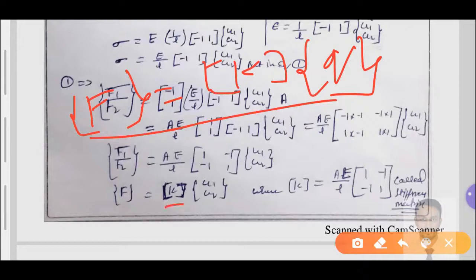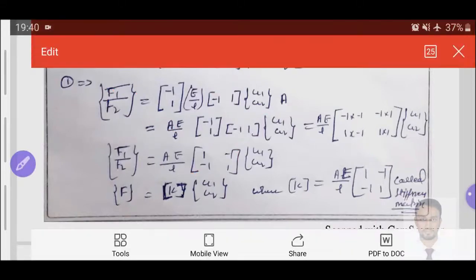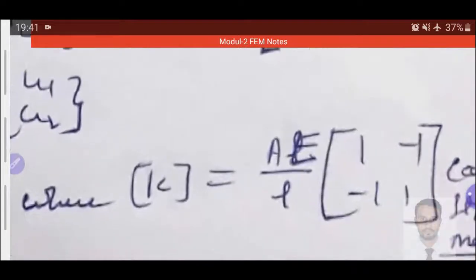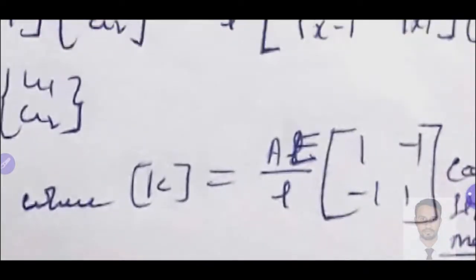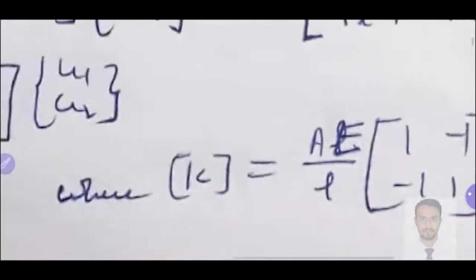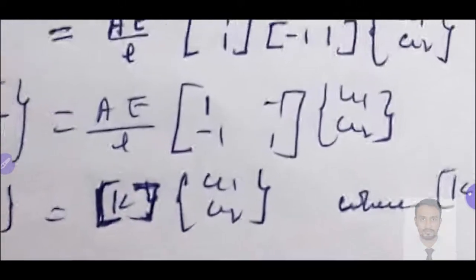This is called the K matrix, the stiffness matrix K. Hence we have proved that K equals AE by L into 1 minus 1 minus 1 1, called the stiffness matrix. This matrix we get from this equation is said to be the elemental stiffness matrix, which is very important.